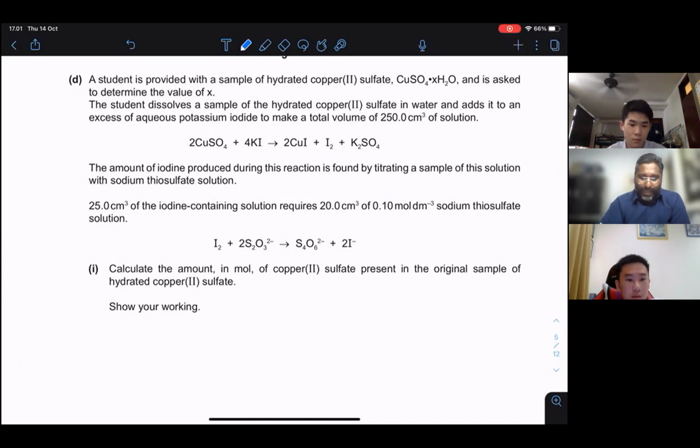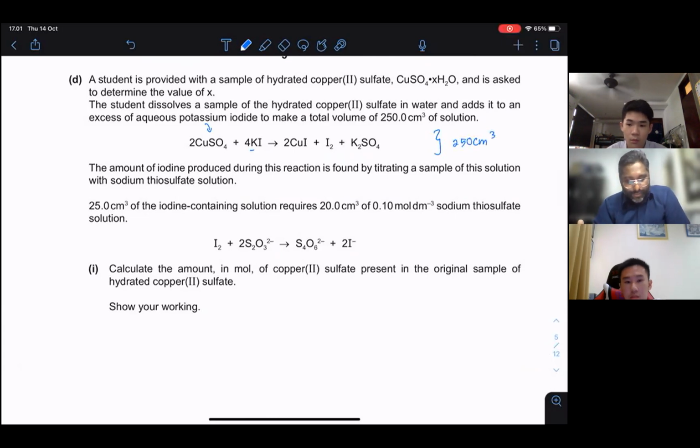So they add to an excess amount, whatever that you get, the total volume is 250 cm cube solution.